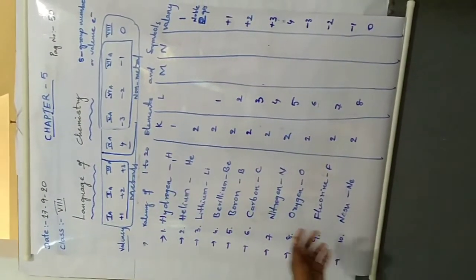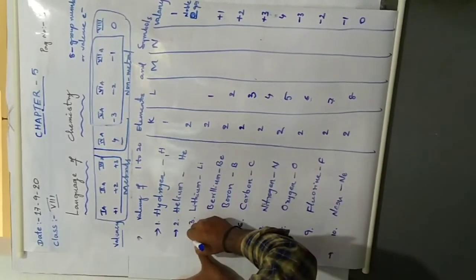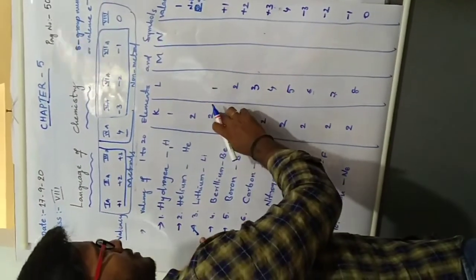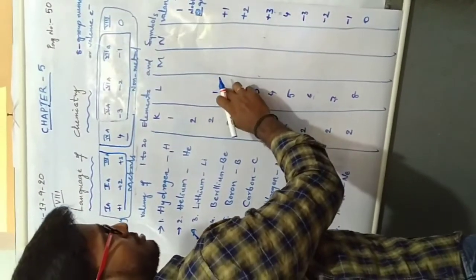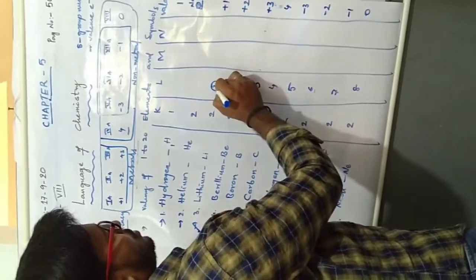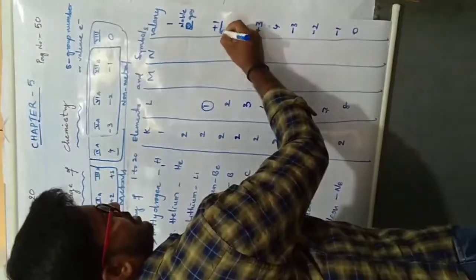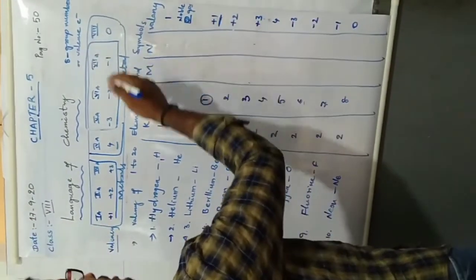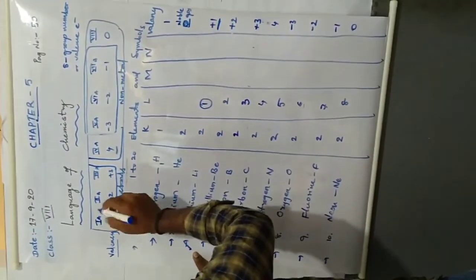You can take any other example. Suppose we take lithium. Its electronic configuration is 1s2, 2s1. So the outermost shell has 1 electron. That's why the valence is 1. So you can observe lithium is present in first A group element.